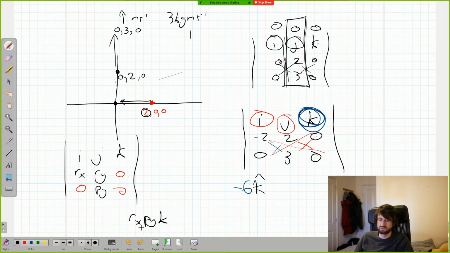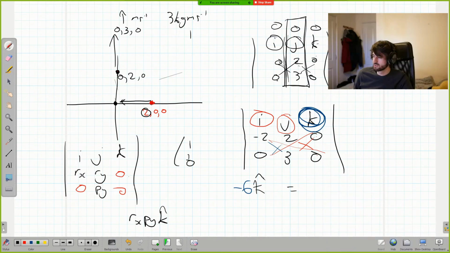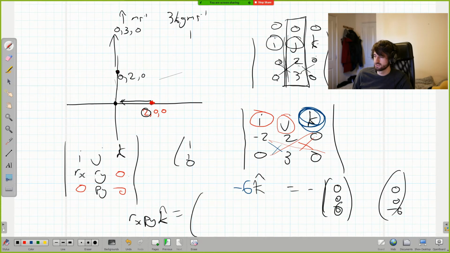Well, in this case it's not a minus. The important thing to mention here, and remember, k is 0, 0, 1, so this thing is the same as 0, 0, minus 6, which is the same as 0, 0, Rx Py. So the point is out of the page.